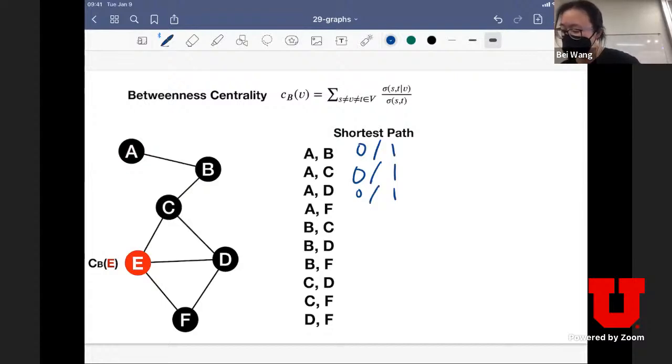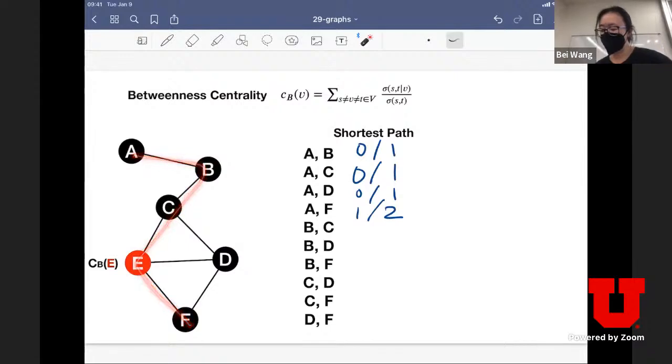This is where things become interesting. When I'm doing shortest paths between A and F, I can go here. This path has a length of 4, but I can also go through here, and this path also has length 4. So the number of shortest paths from A to F is actually 2, and one of them contains node E. This is the first time things become interesting.